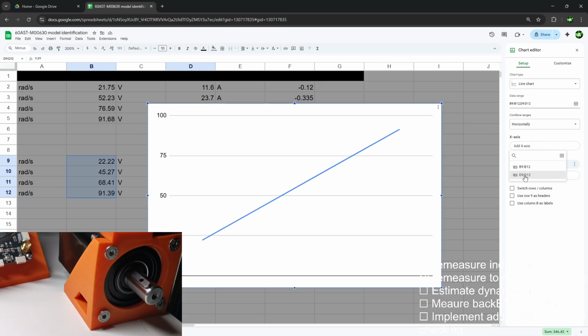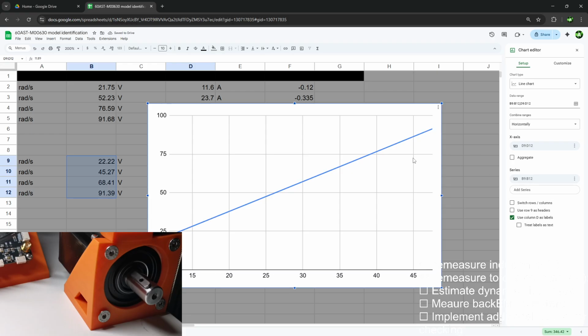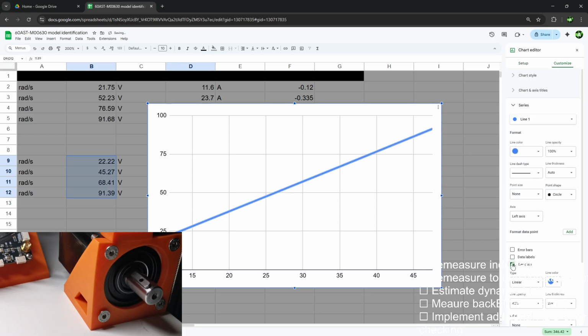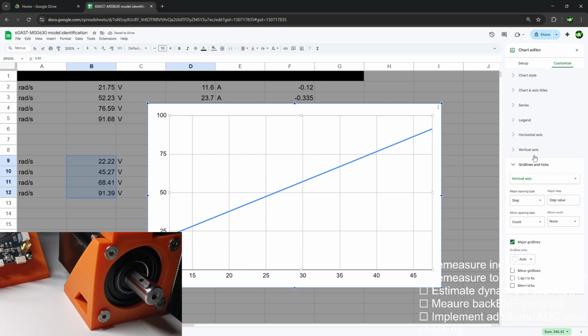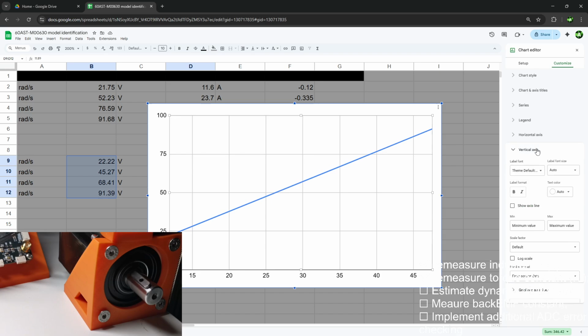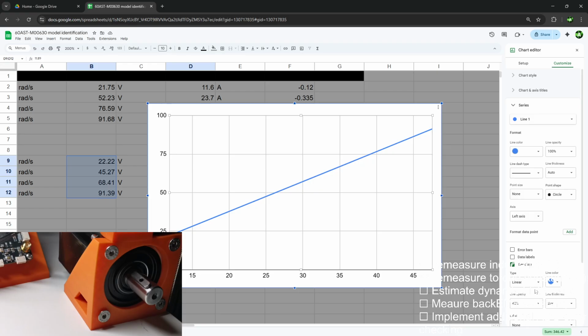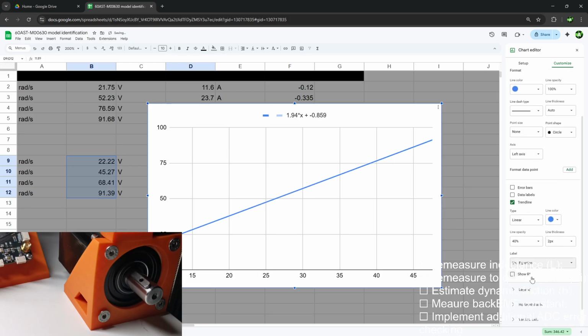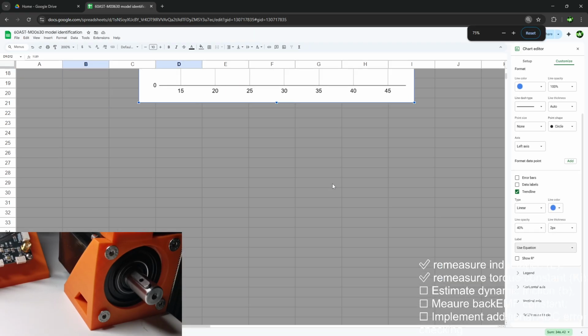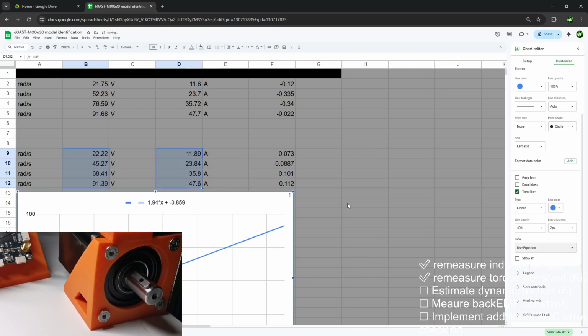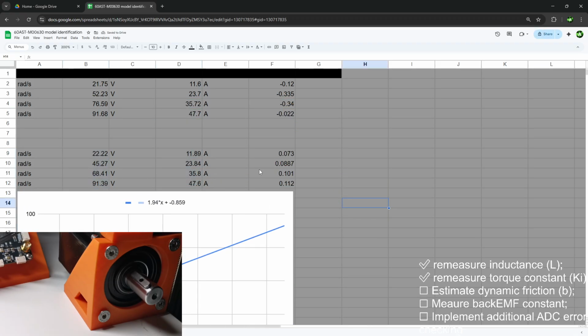And this will be our equation. Very good. Okay. We're getting somewhere. Definitely. So let's put it here for now. And also we need to plot our current over voltage. Actually, current over speed, I'd say.